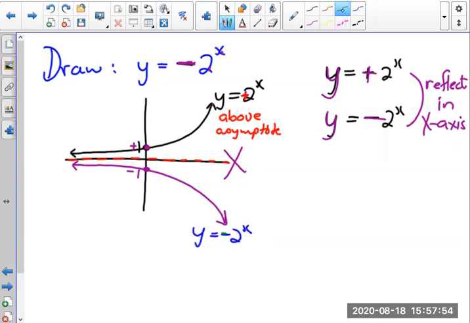If you see a minus for an exponential graph, the graph is below the asymptote. Okay, because they are reflections of each other in the x-axis.